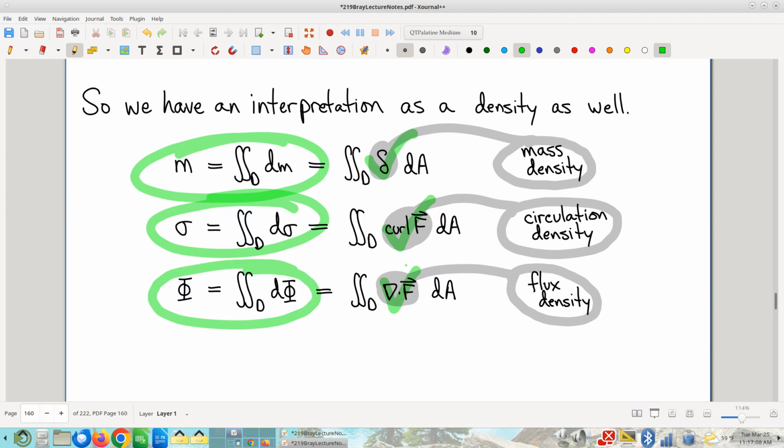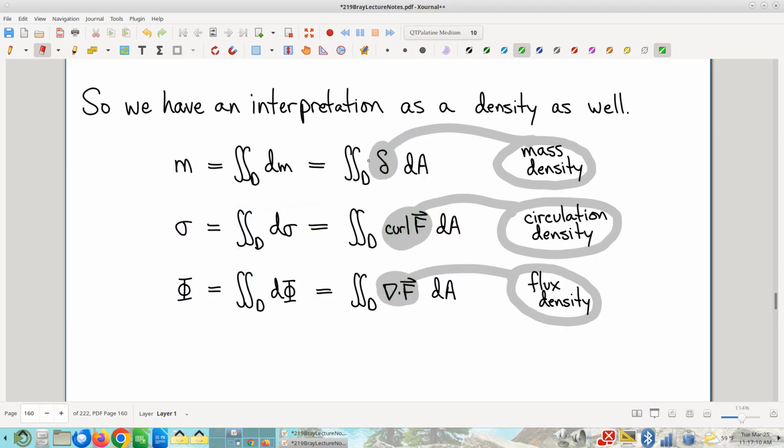By the way, just real quick for your possible curiosity, this term, flux density, is extremely common. You're going to hear that a lot. Certainly I did in my physics classes way back when. I would say that in my physics classes, I think I heard the term flux density more than I heard the proper term divergence.